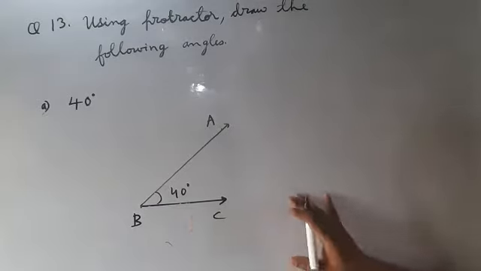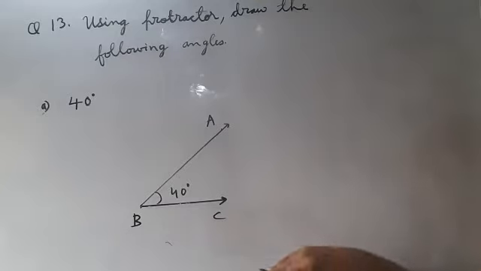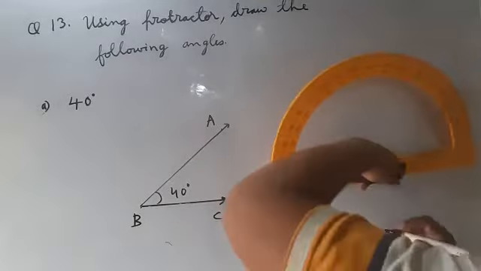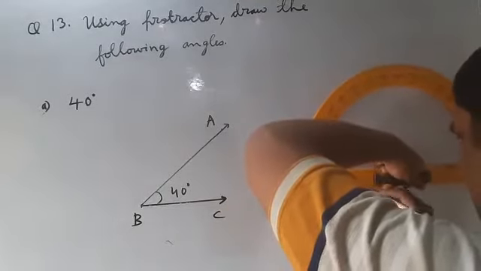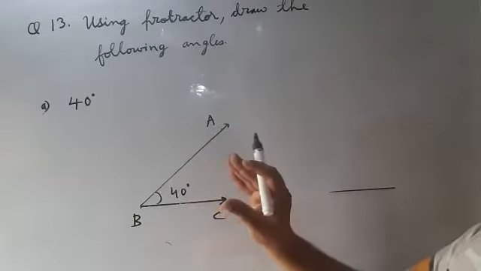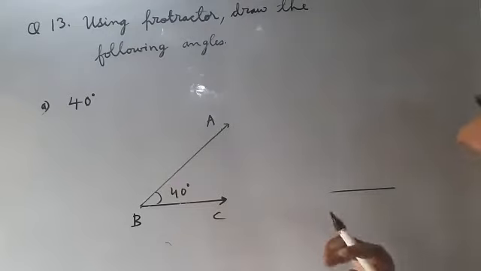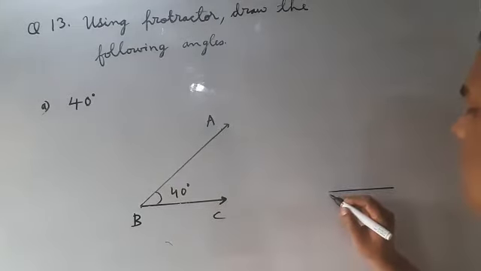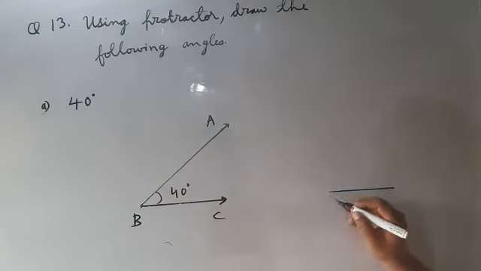You can draw from that side also. Suppose I am drawing a baseline. As it is an acute angle, it is close, a small mouth is visible, not wide open. That is also a hint.